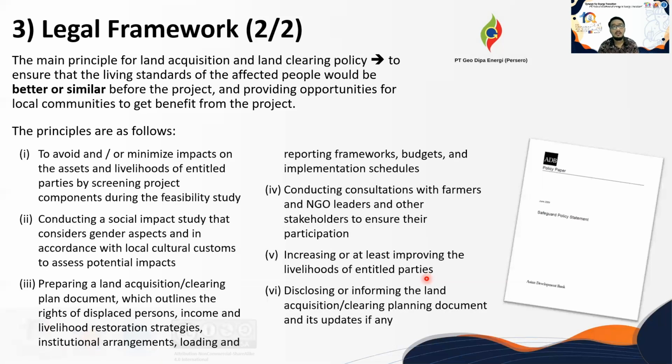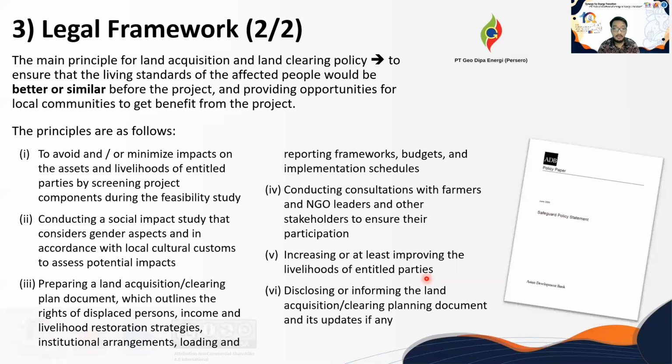So the principles: first, to avoid and or minimize impacts, which was actually conducted during the feasibility study. Second is another study, a social impact study that considers gender aspects and local cultural customs to assess the potential impact of the project.